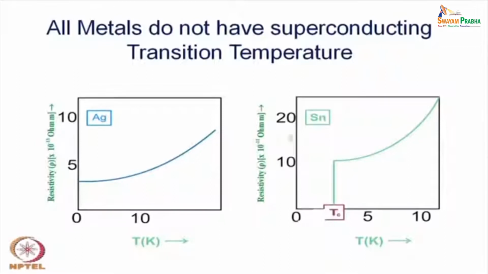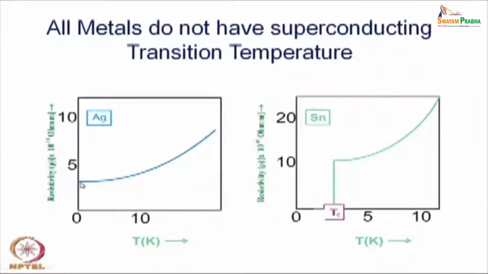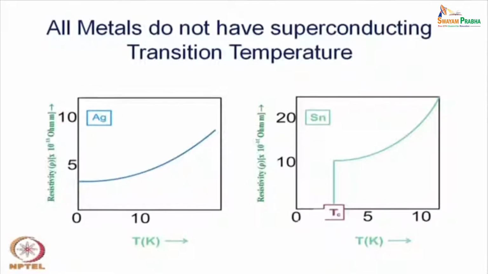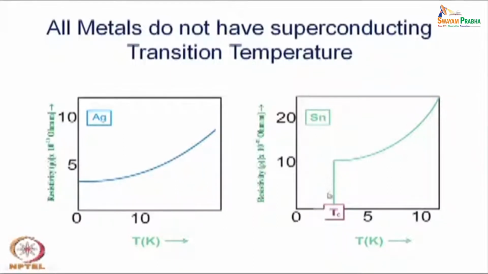whereas so far as the superconducting property is concerned, silver does not show any superconducting property. Even at 0 degree Kelvin, you have a residual resistance, it does not go to 0. Whereas a superconducting element like tin has a superconducting transition at a slightly higher temperature, between about 2.5 to 3 degrees Kelvin, and suddenly the resistance goes to 0.